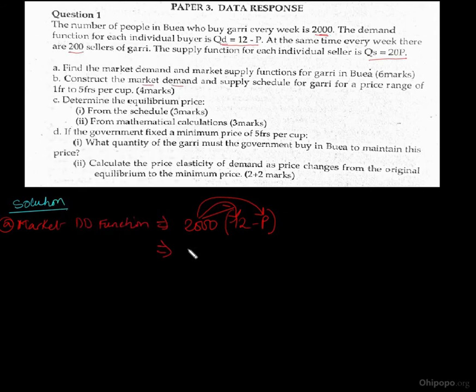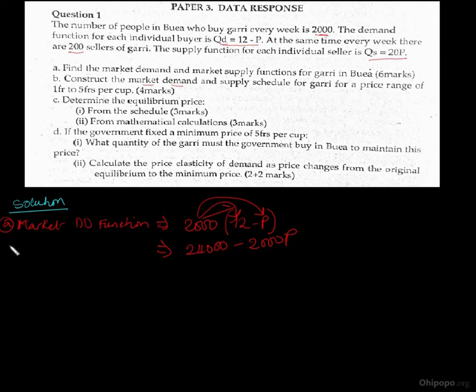So the right answer here is 24,000 minus 2,000 P. So that is the market demand function.